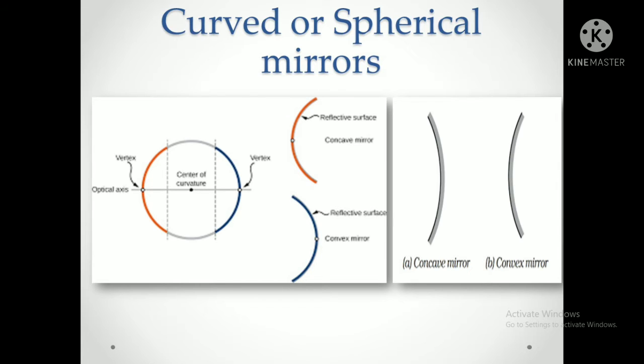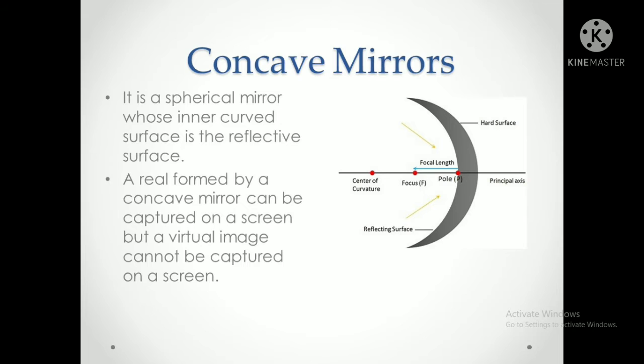Okay, students. Now we will go one by one to the next slide, the concave mirror. This is a spherical mirror whose inner curved surface is the reflective surface. So rays will fall on the inner side. From the center of curvature, with the compass, just draw one arc.